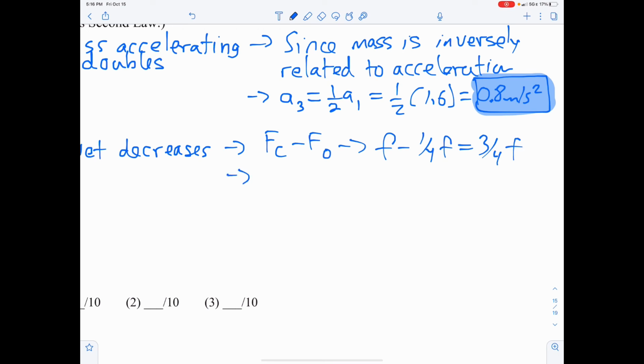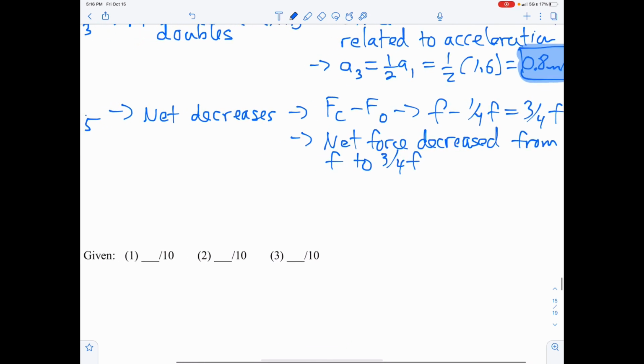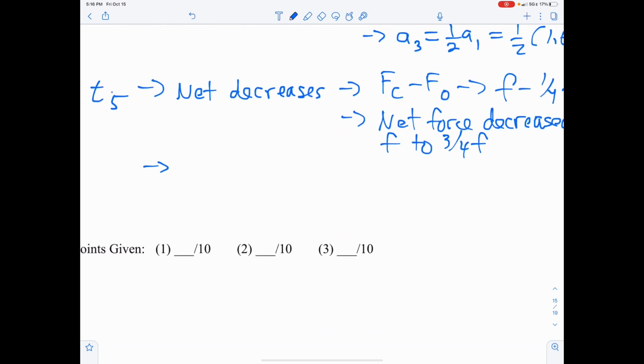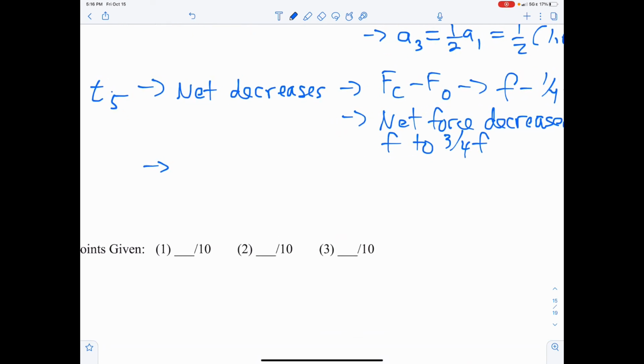There we go. So the net force decreased from F to 3/4 F. Okay, so if the net force decreased, the acceleration decreased.